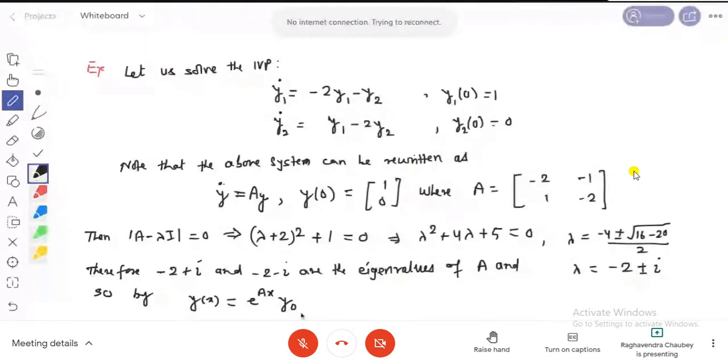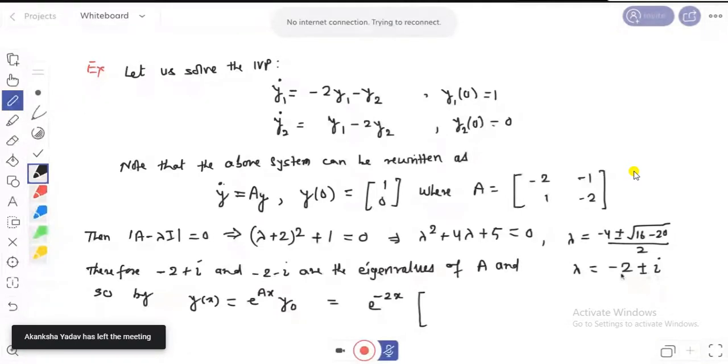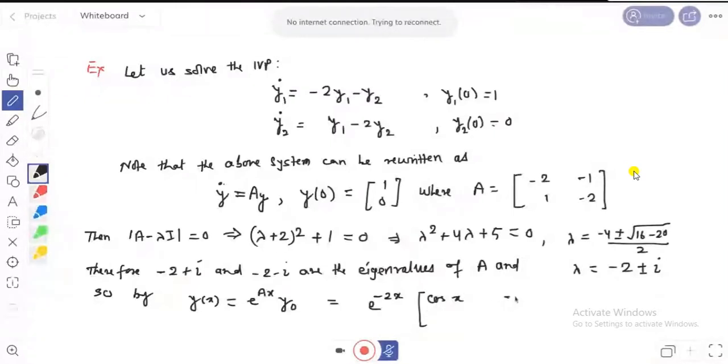What is the exponential of that matrix A? It is e to the power minus 2x, the real part, times the matrix with the complex part plus or minus 1, where b is 1 here. So this means cos bx and sin bx, and minus sin bx and cos bx.